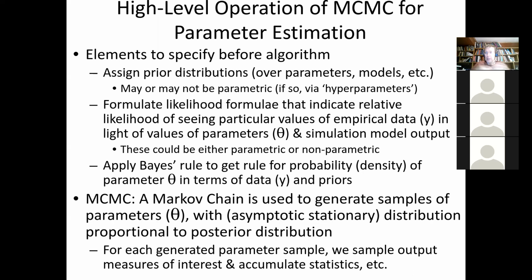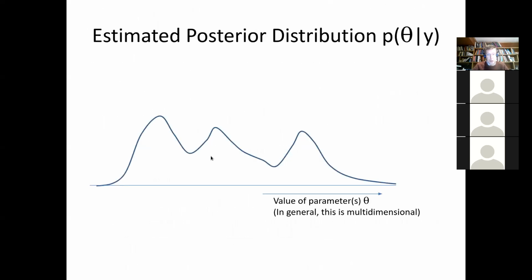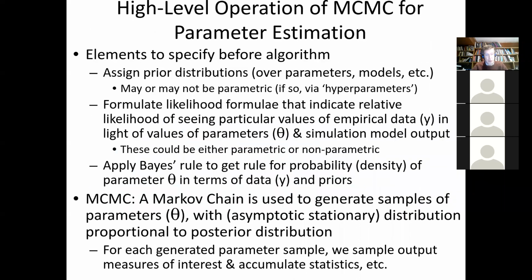So what do we need to specify this ability to sample from this distribution, to sample over time from our parameters, our posterior distribution? Well, we need a couple of things before the algorithm, and then we need to keep track of some things during the algorithm. Before the algorithm, we have to decide on our prior distributions. What are our beliefs about plausible values of theta?